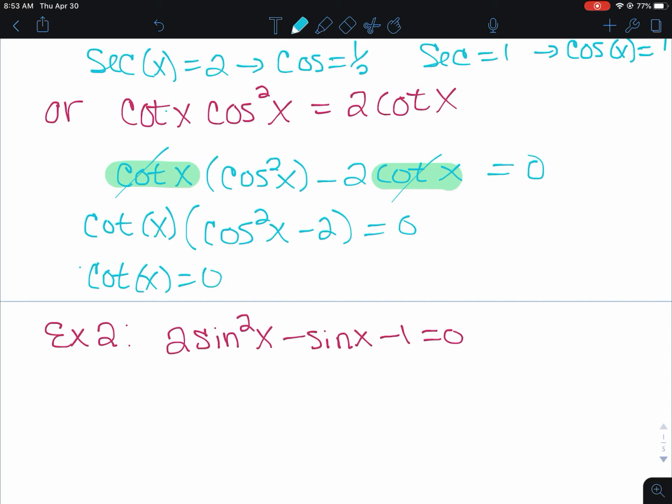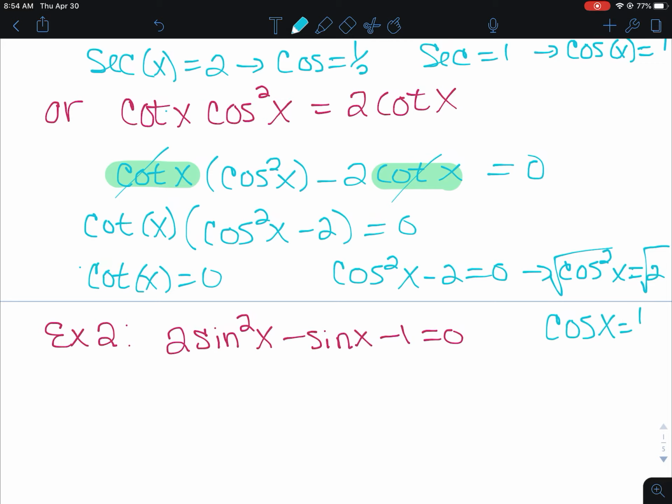Again, setting them both equal to 0, we could solve for the value of x that we want. So adding 2, cosine squared x is equal to 2. Take the square root. So we're looking for where the cosine of x is equal to plus or minus the square root of 2.